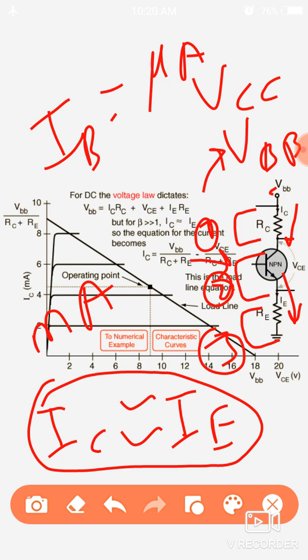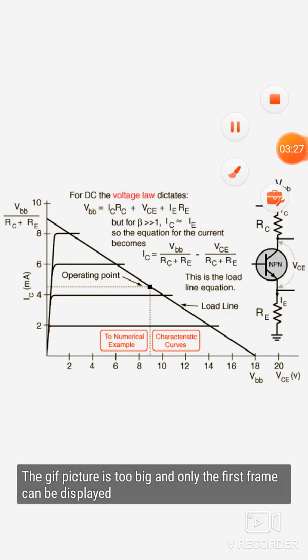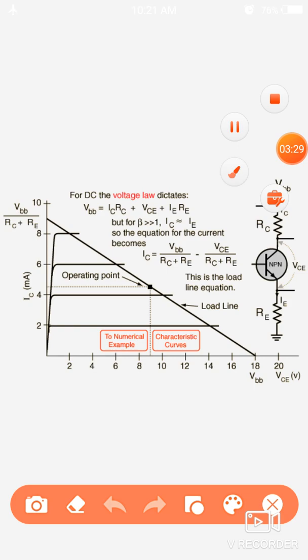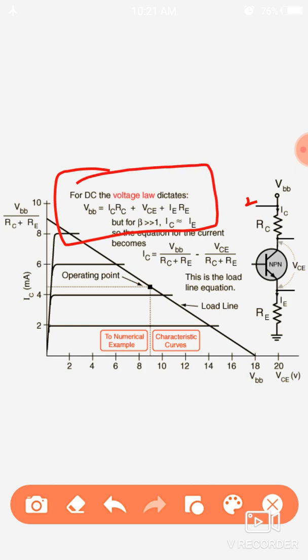Now by applying this Kirchhoff law, what will we find? Applying the Kirchhoff law here, what will be the total voltage? Look at this equation. VBB equals the voltage across this junction, equal to current times resistance. The current is IC and the resistance is RC. Then the term IC RC plus VC.